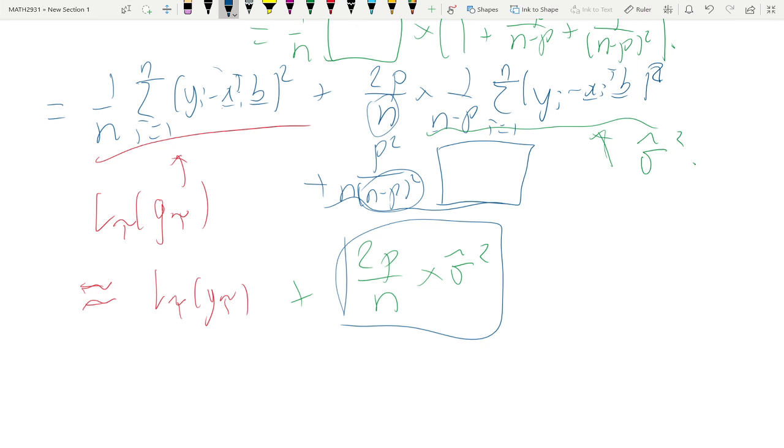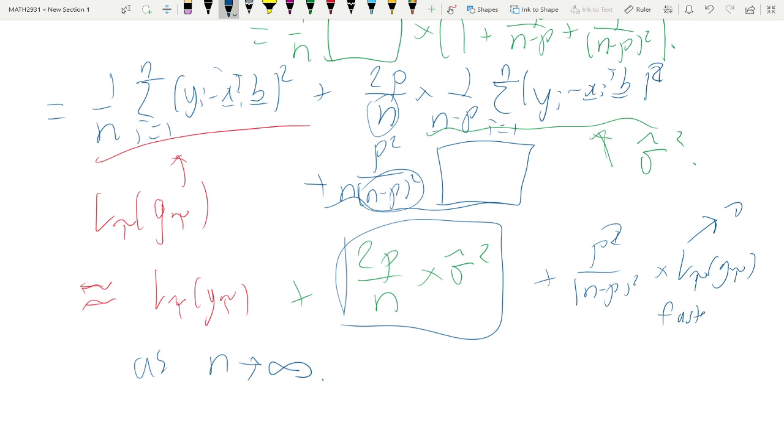So that's why you end up with this as n goes to infinity, plus, I'll just write it out, p squared times L tilde G tilde, which goes to 0 faster, because this is n squared. And so it pretty much disappears compared to everything else.